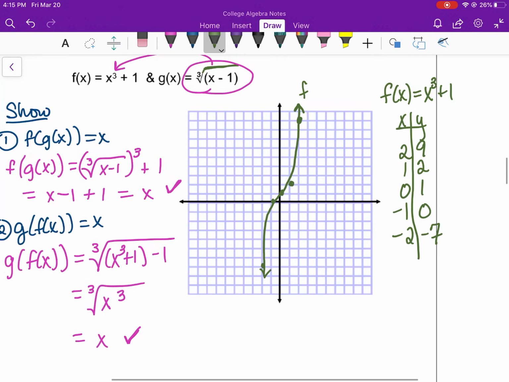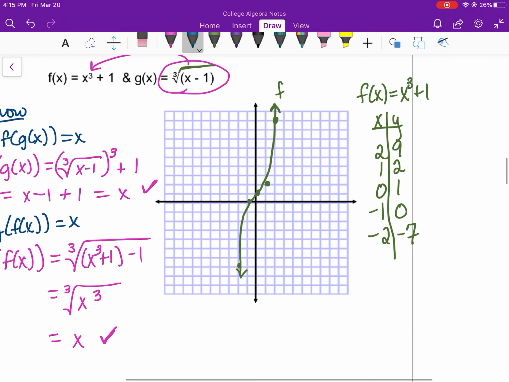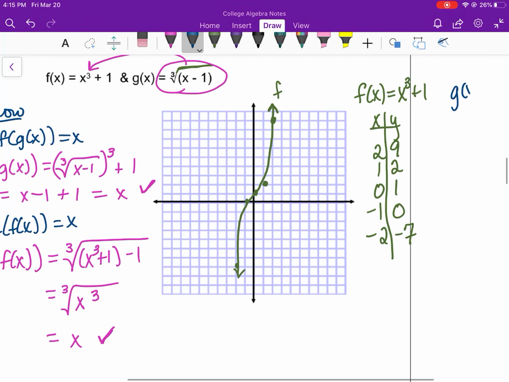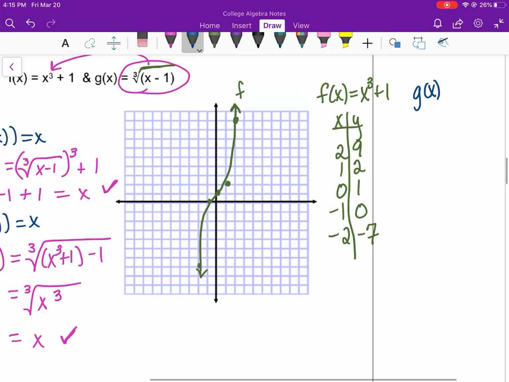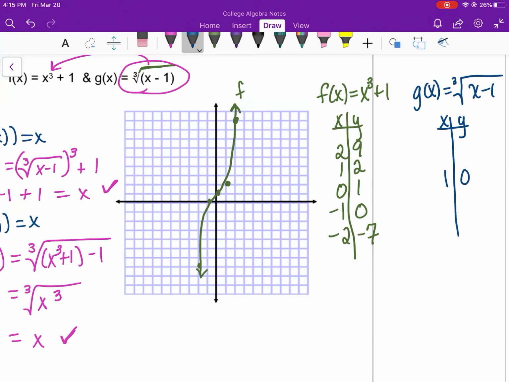All right, now to graph the inverse, I can do another xy table for g of x. So it's the cube root of x minus 1. So for example, when x is 1, I get 0. When x is 0, I get the cube root of negative 1. When x is, let's see, negative 7, I'll get the cube root of negative 8.